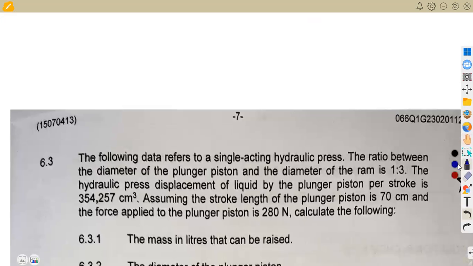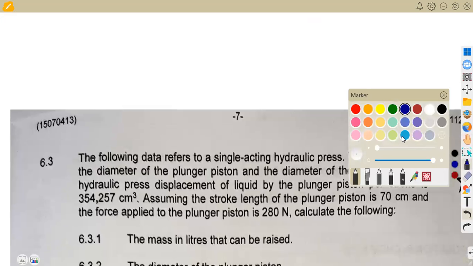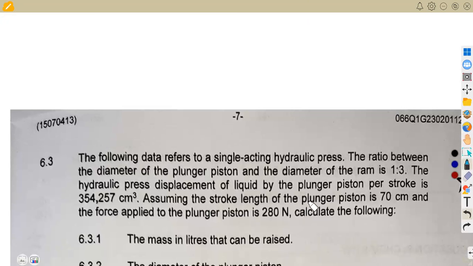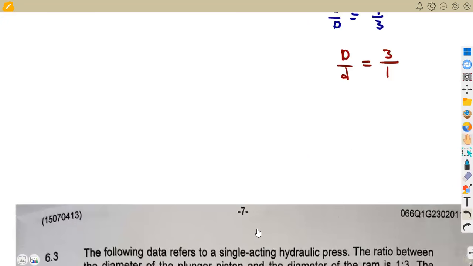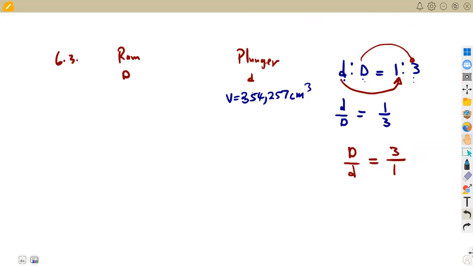Then also we are given, assuming the stroke length of the plunger piston is 70 centimeters, the stroke length, which is our L, or you can write it as H. That is up to you. It's the stroke length of 70 centimeters.